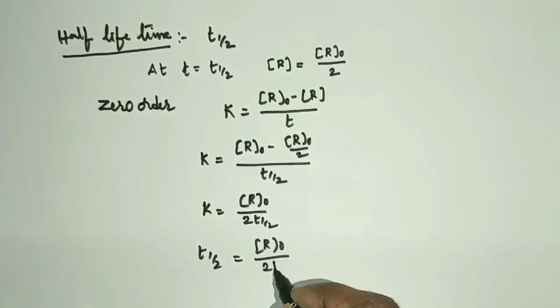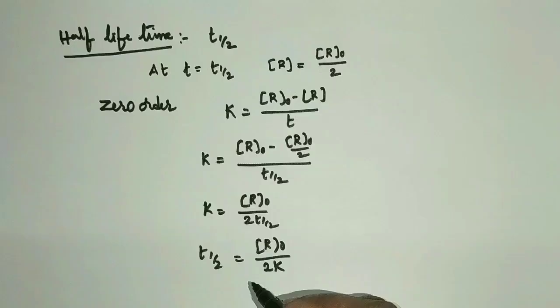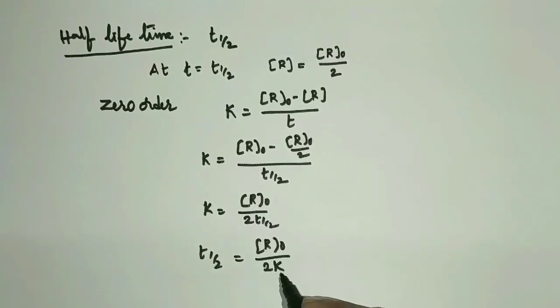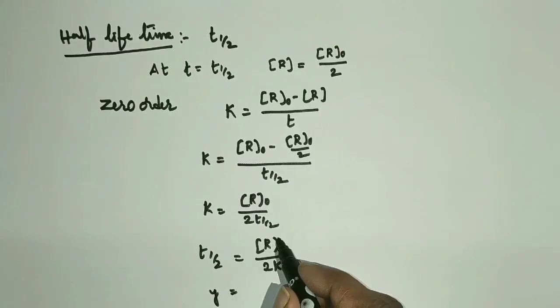In this equation, K is anyway constant, so we can consider half-life time and initial concentration as variables. They are directly proportional. Half-life time of zero order reaction is directly proportional to initial concentration of reactants. So if we consider them as variables, let us take half-life time along y-axis and initial concentration of reactant along x-axis.